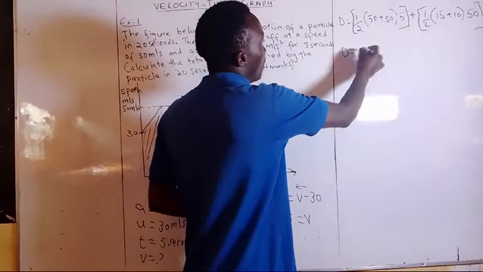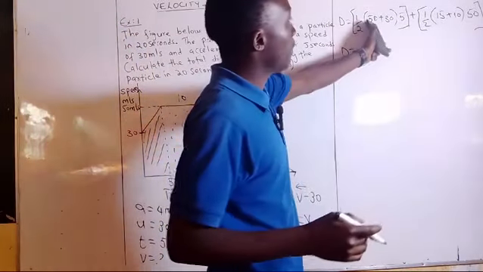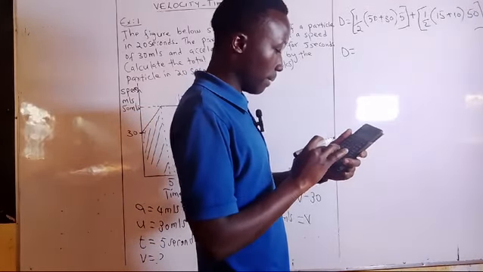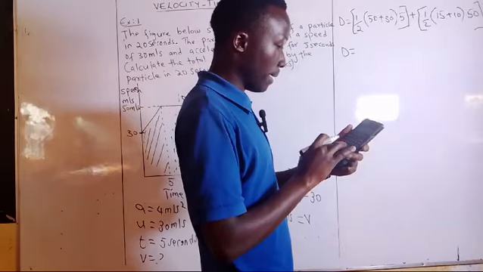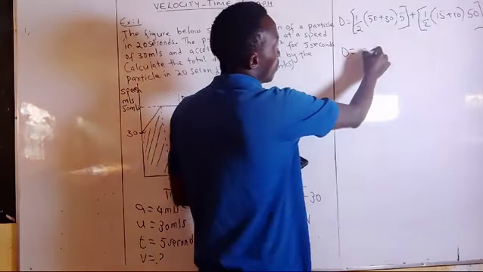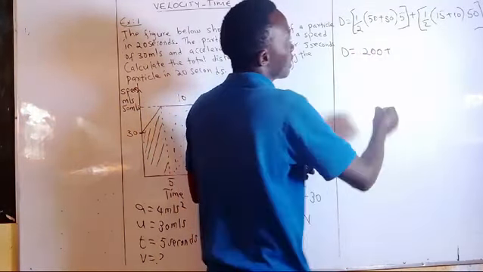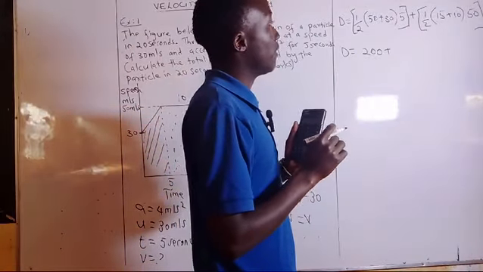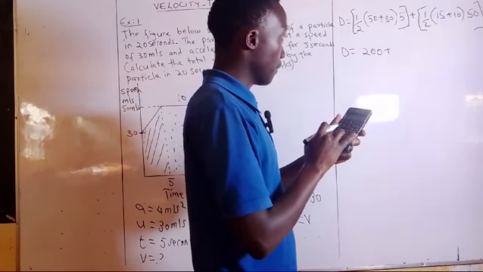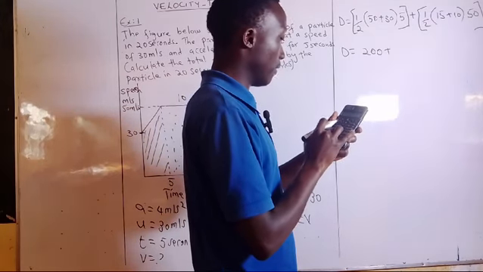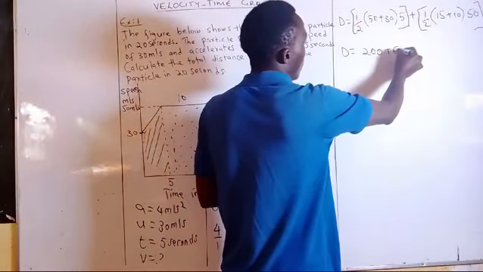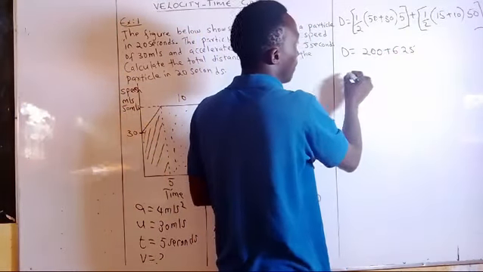So our distance will be equivalent to 50 plus 30, which is equal to 80. So a half multiplied by 80 multiplied by 5 will give us 200. Plus the second one, 15 plus 10 is equal to 25. So a half multiplied by 25 multiplied by 50 will give us 625.